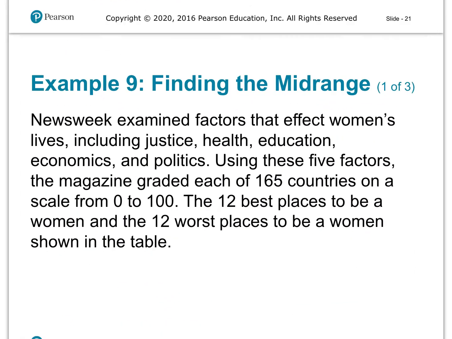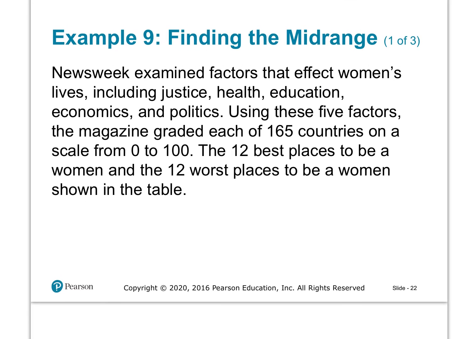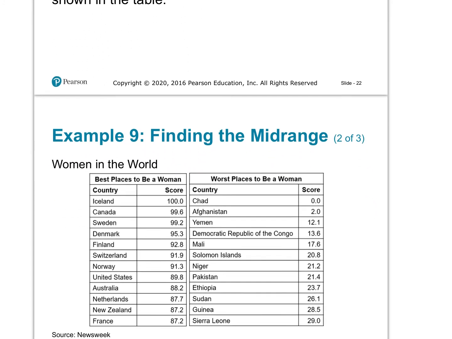All right, so let's look at an example for mid-range. It says Newsweek examined factors that affect women's lives, including justice, health, education, economics, and politics. Using these 5 factors, the magazine graded each of the 165 countries on a scale from 0 to 100. The 12 best places to be a woman and the 12 worst places to be a woman are shown on the table.